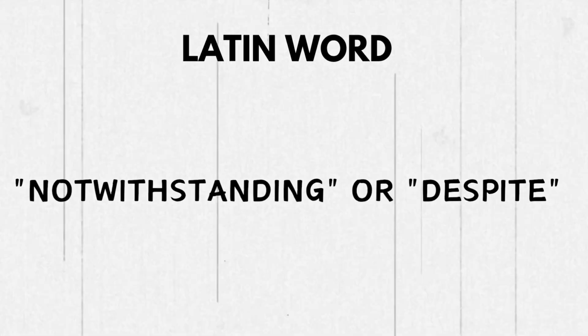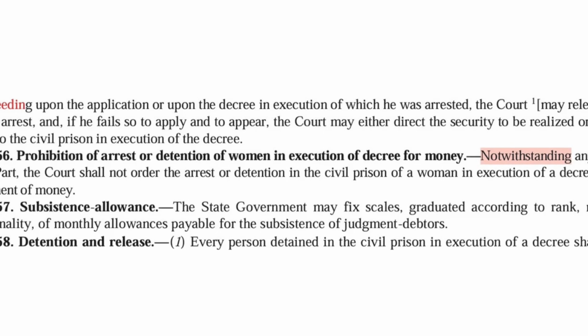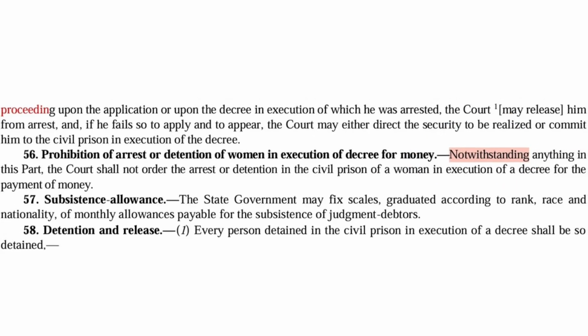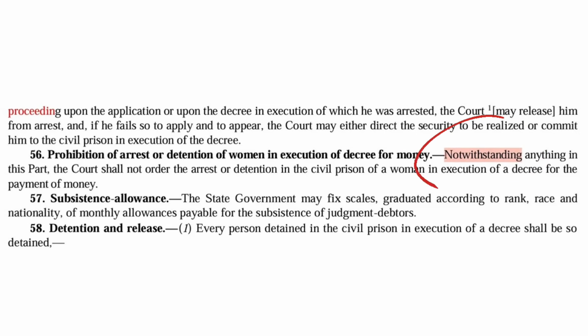Non obstante clause. The phrase non obstante is a Latin term and can be translated as notwithstanding or despite. When a non obstante clause is included in a legal provision, it signifies that the provision stands despite any other provision in the law that might conflict with it. Another phrase that is used is without prejudice, which means that the provision in which it is used does not affect the other provisions.